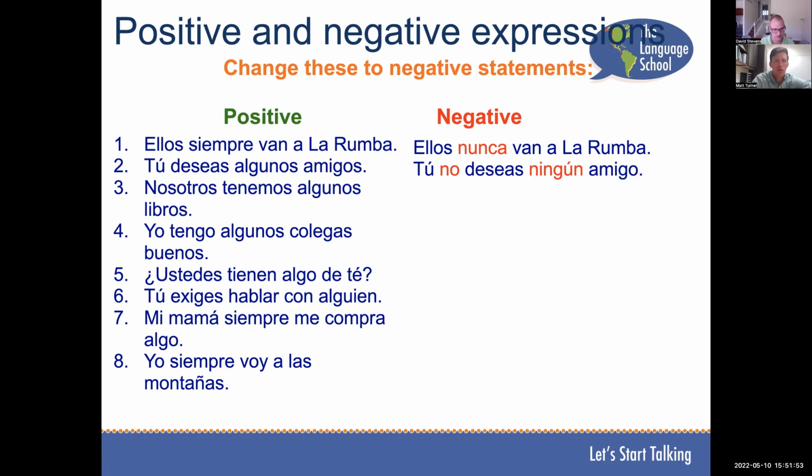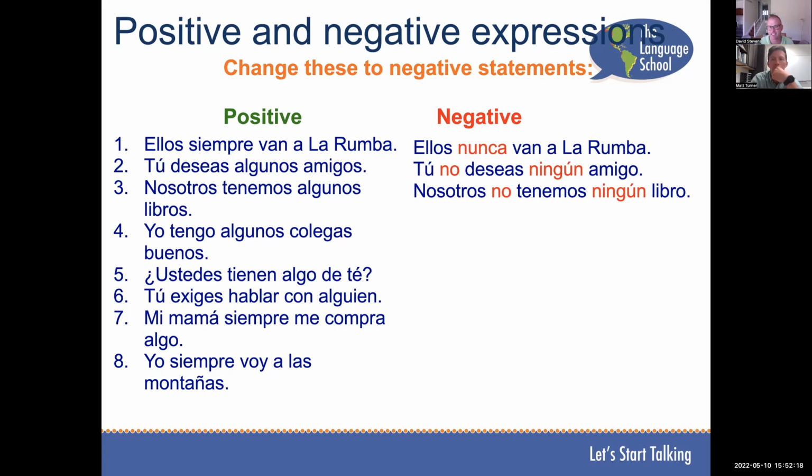Nosotros no tenemos ningunos libros. Yeah, and typically you're going to change it into the singular form. Okay. And so do you have any books? Because there you're saying like, no, not even one book.